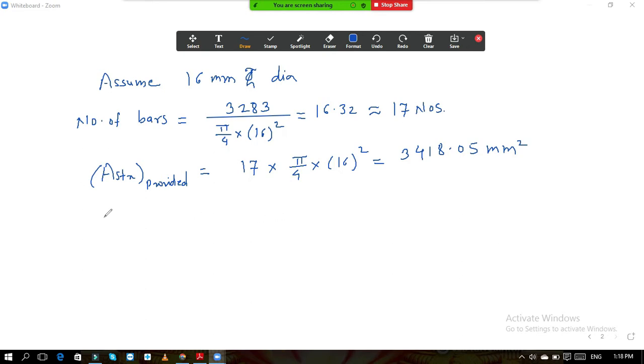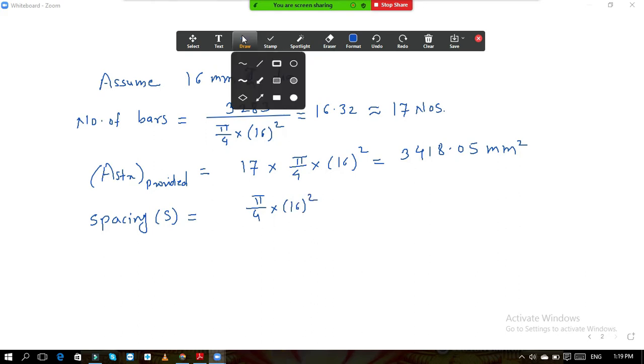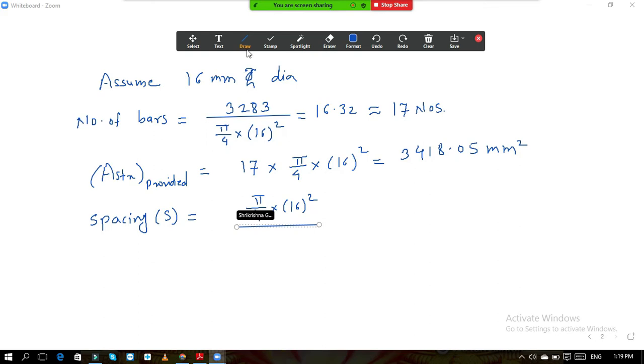So now calculate the spacing. For the footing spacing, it is calculated by our regular formula. Area of single bar, pi by 4 into 16 square, divided by total area AST provided 3418.05, multiplied by width. Our width is 2750.